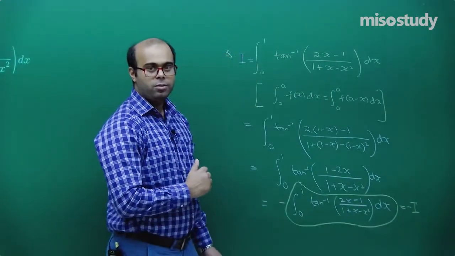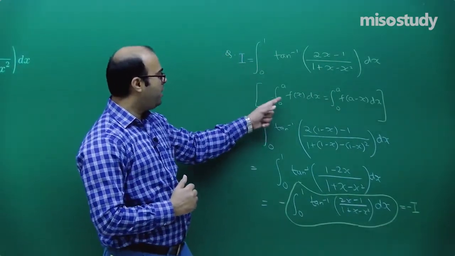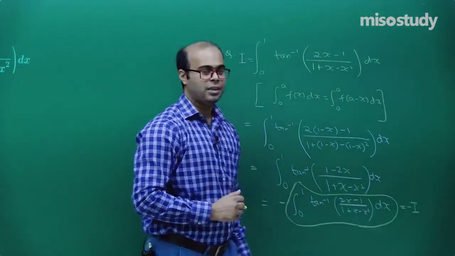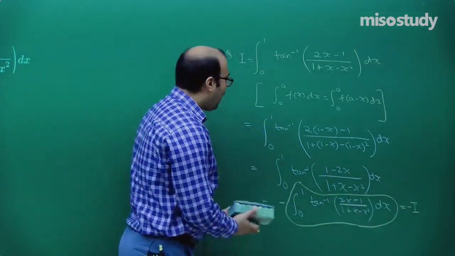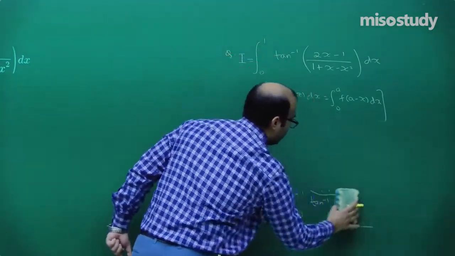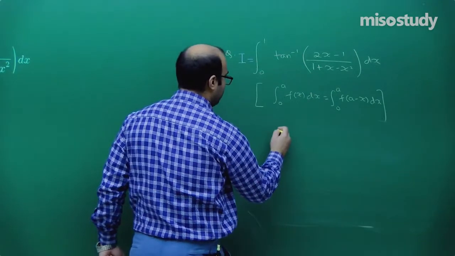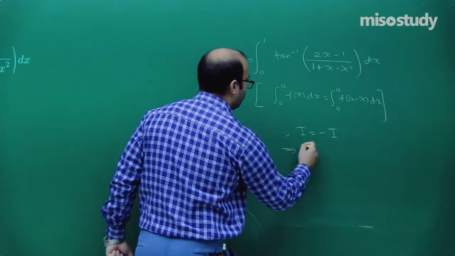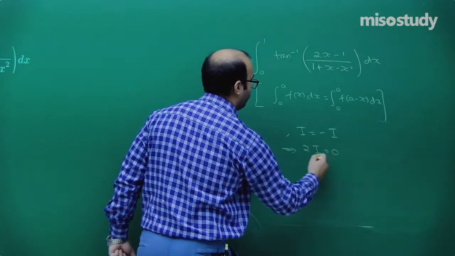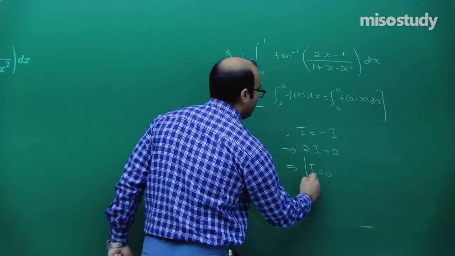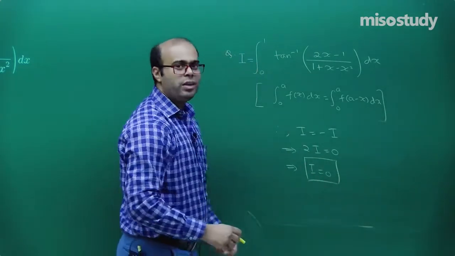So, what we have observed, that I after many steps and the application of properties became minus I. So, if we say that I is equal to minus I, what does it mean? Therefore, twice of I is equal to 0, which means I is equal to 0. So, we can say that this integral is actually eventually 0.